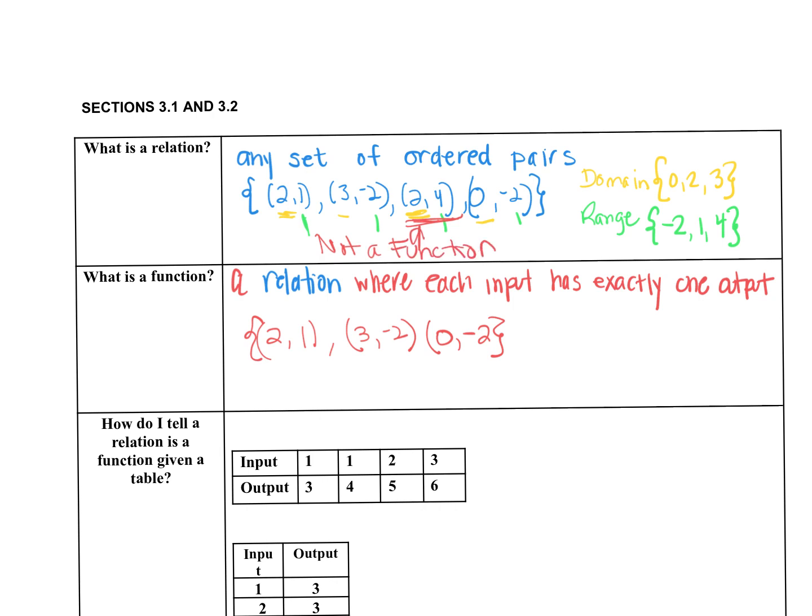Now that we look at the x values here, we have a 2, a 3, and a 0. Each one of those x values is unique, and so there are no repeats in the x value. The ordered pairs tell us whether we have a function or a relation. So yes, this is a function, because there are no repeats in the x value, or input value.